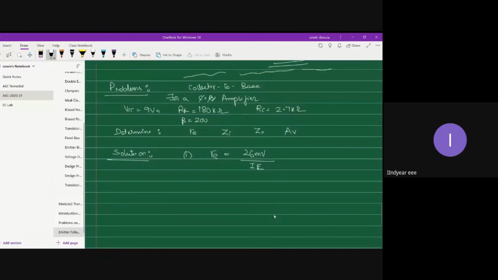IE is 1 plus beta times IB. That implies IB for a collector to base bias is VCC minus VBE.